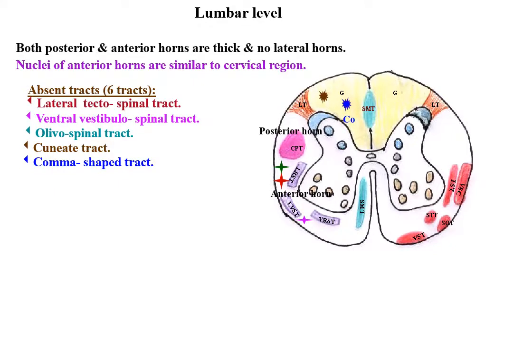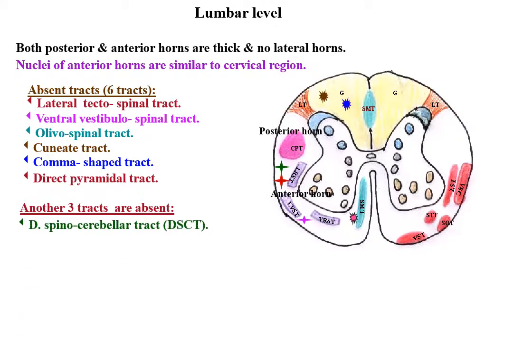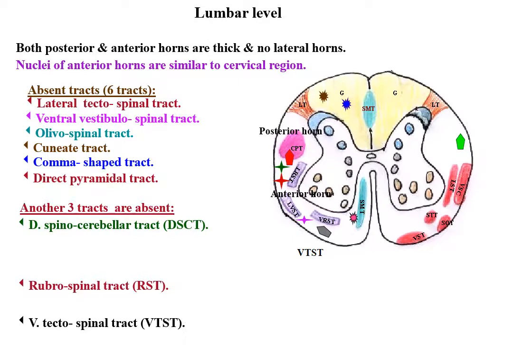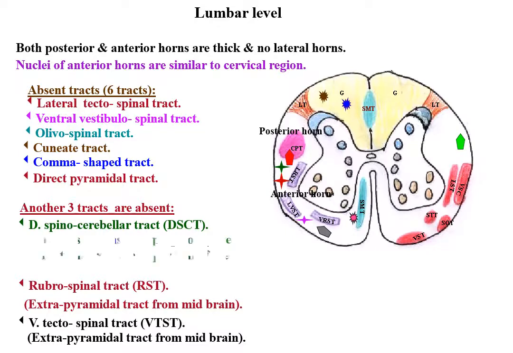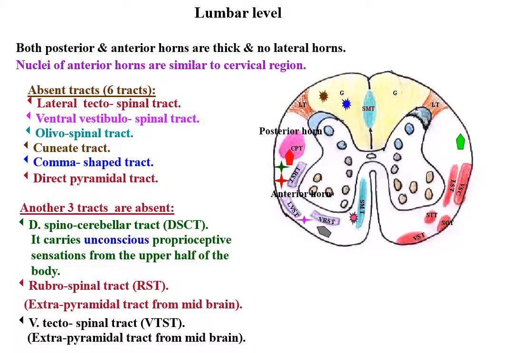There are 3 more tracts absent in the lumbar region: rubrospinal tract, ventral tectospinal tract, the 2 extrapyramidal tracts of the midbrain, and the dorsal spinocerebellar tract, which is the tract for unconscious proprioception of the upper half of the body.